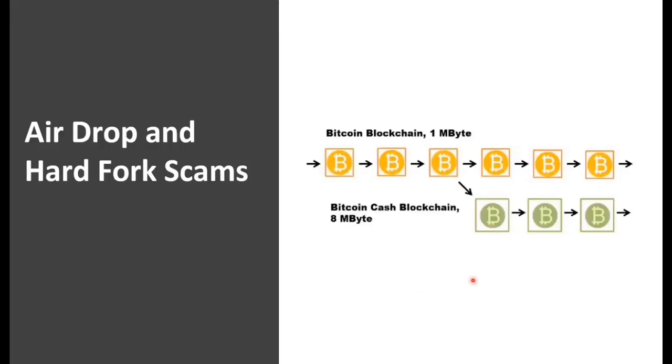Here's an example of a blockchain hard fork. We can see here the Bitcoin blockchain and the Bitcoin Cash blockchain. At one time there was the original fork, and the software has been taken, and the new blockchain begins where the previous blockchain left off.